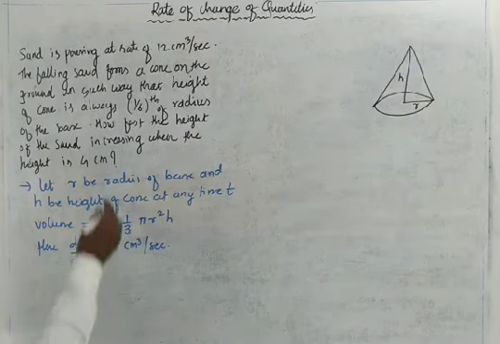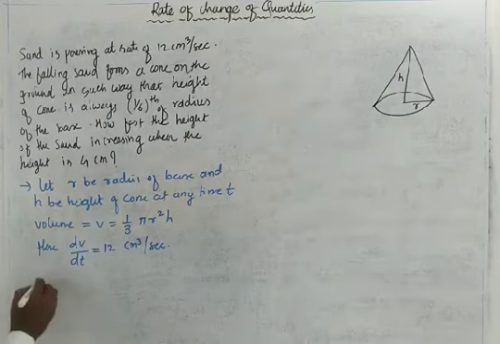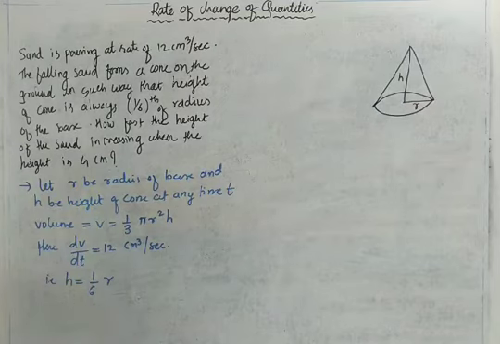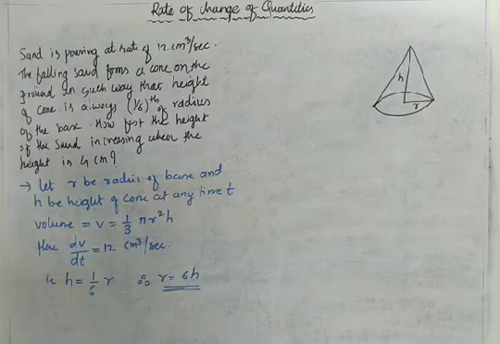At the same time they provided that the height of the cone is always 1/6 of the radius, that is h is equal to 1/6 of r. Therefore r is equal to 6 times h. So the radius is easily converted in terms of height.